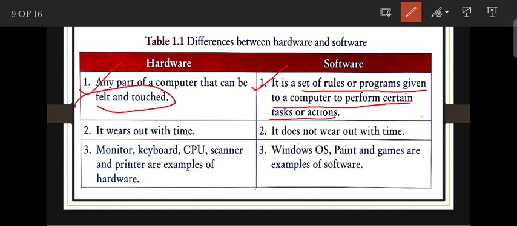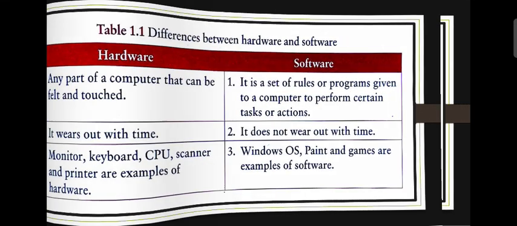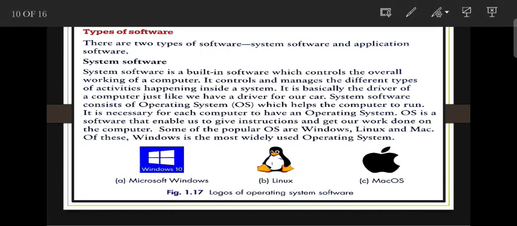Hardware wears out with time, while software does not wear out with time. Mouse, keyboard, CPU, scanner, and printer are examples of hardware, and Windows OS, Paint, and games are examples of software. Now the main important point: there are 2 types of software, system software and application software.